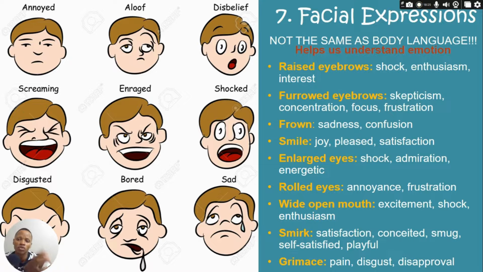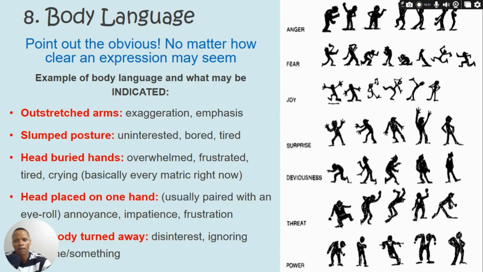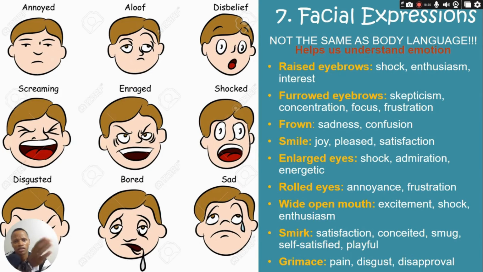things. Sometimes a question will direct you. For example, if the question is about emotions, you're going to have to look at facial expressions, the body language, and so on. Now, when it comes to body language, you've got facial expressions here, which is basically not the same as body language.